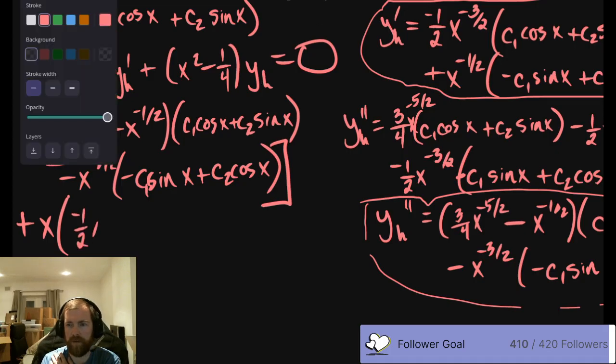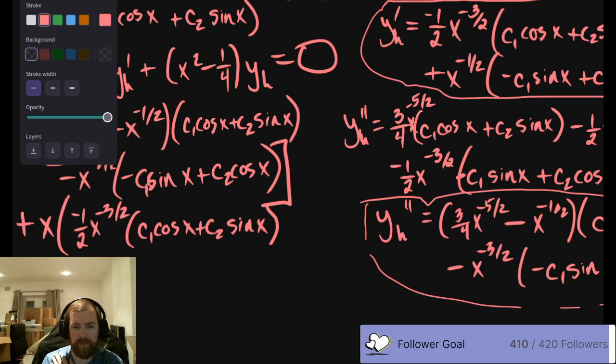Negative 1/2 x to the negative 3/2 times c1 cosine x plus c2 sin x, plus x to the negative 1/2 times quantity negative c1 sin x plus c2 cosine x.